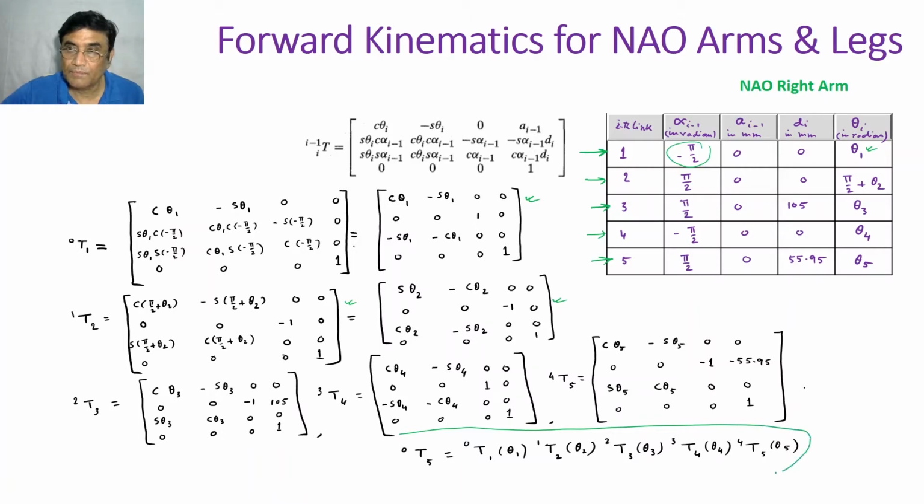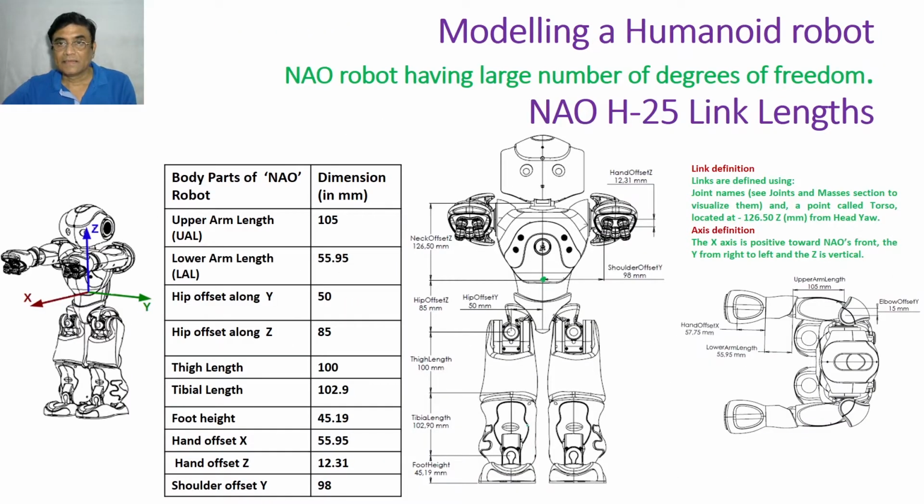This is my right arm model. So these parameters, from time to time, you should see. The coordinate frame and these values are very, very important. We are taking from here. We explained this in the other lecture.